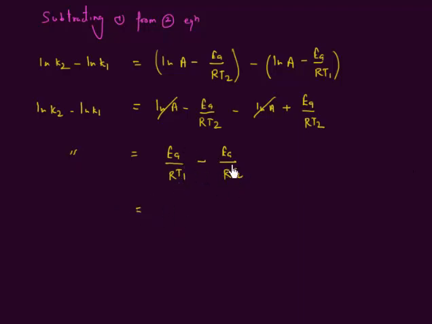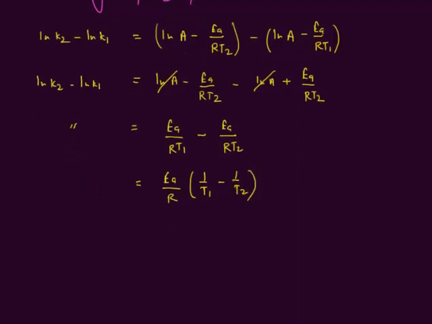You can see that in both the fractions we have Ea/R that is common, so we can take Ea/R as common, and so we get (1/T1 minus 1/T2), and on the left side we have ln k2 minus ln k1. And we know that ln (x/y) can be written as ln x minus ln y, and we apply the same concept over here.